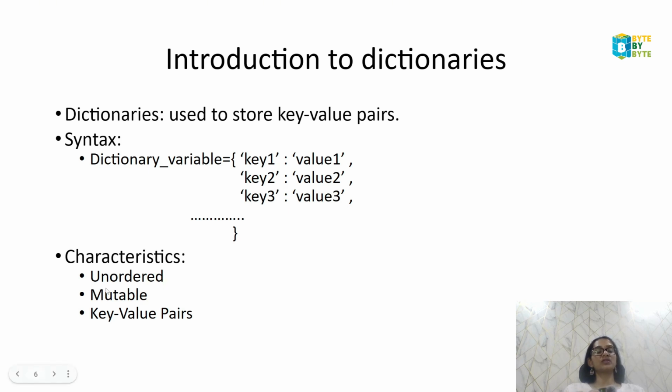This data structure is mutable. That means you can add keys to the dictionary and you can remove values from the dictionary; these operations are available. So that's why it is a mutable data structure. And lastly, it will always be presented as key value pairs. The syntax of the dictionary should always be followed.